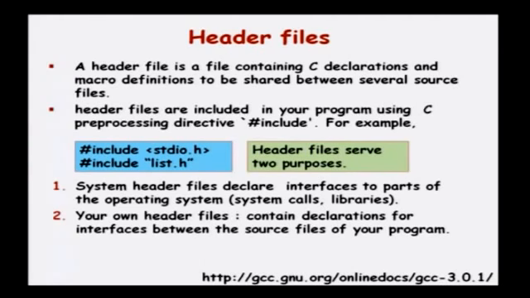So header files serve two purposes that we have seen. First, it could be a system header file, which declares interfaces to part of the operating system, including system calls, C libraries, and so on. Or you could have your own header files which you have written to contain declarations of the functions in your code.